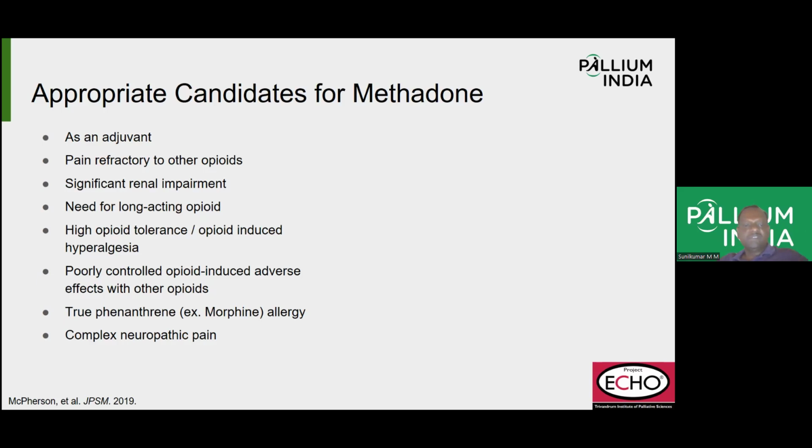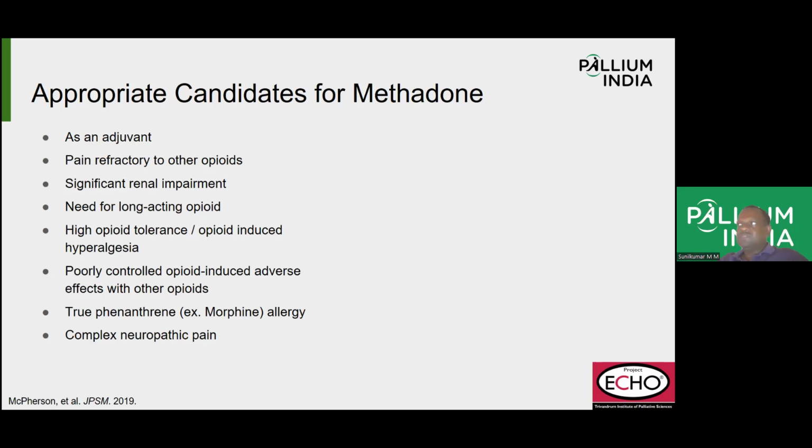In such patients, you might use it. And true morphine allergy. Some patients might be allergic to some medication, or even anaphylaxis can develop. But if the patient is anaphylactic to morphine, methadone can be used because methadone is from a different chemical group.